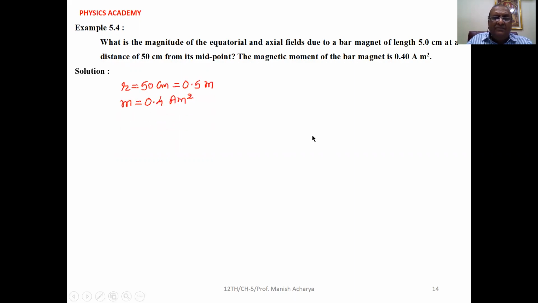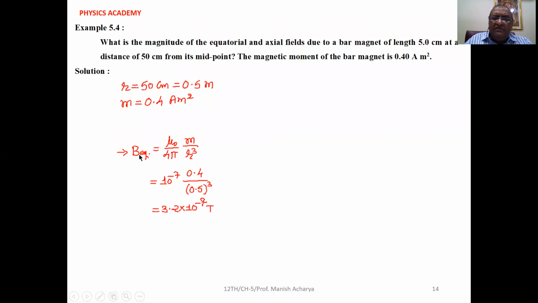Very simple example. See, R, the distance from the center of the bar magnet, that is 50 centimeter, 0.5 meter. Then the magnetic moment is 0.4 ampere meter square.